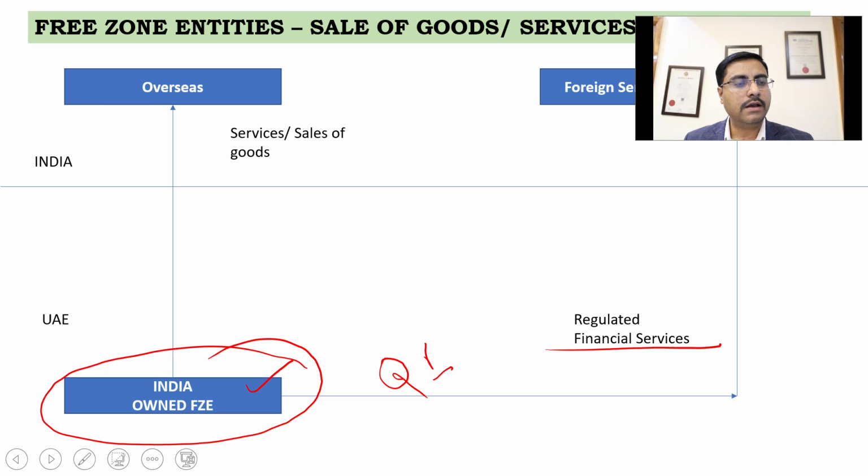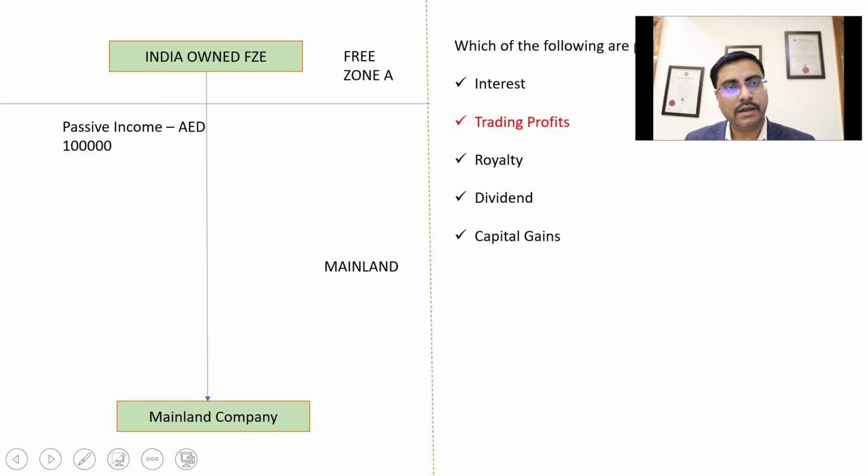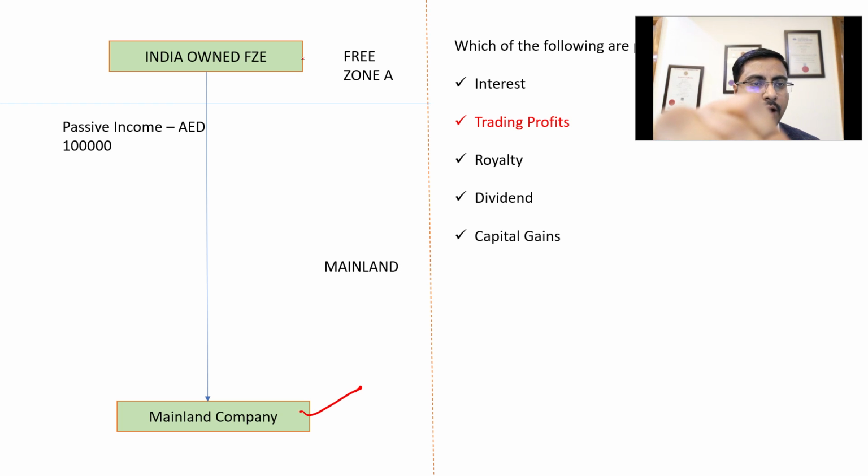So qualifying income is tax free even after the introduction of this corporate tax. In the same way, if you are a mainland company earning passive income from a free zone, it is also tax free. Likewise, passive income in the hands of a free zone person is also tax free.